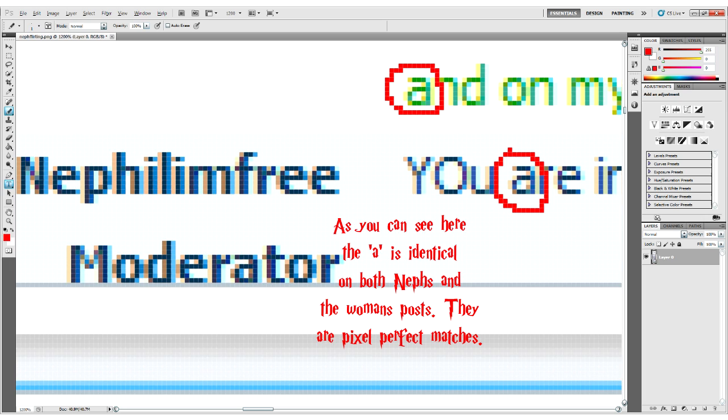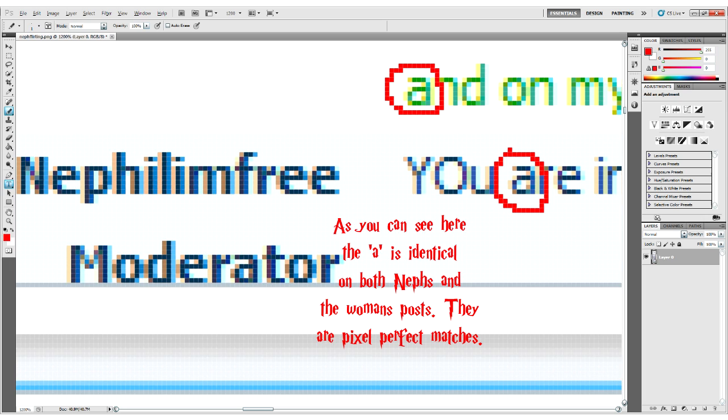Now, if you take a very close look at each of the A's, you can actually see that they are pixel perfect. The shading on them in the locations is exactly the same. The colour is different, obviously, because Nephilimfree's is black text and our lady friend's is green text.